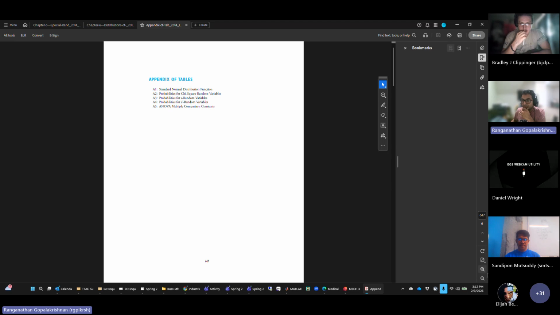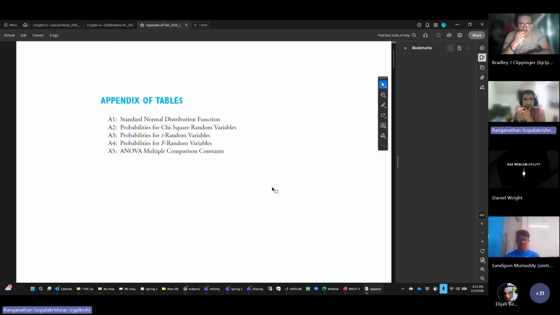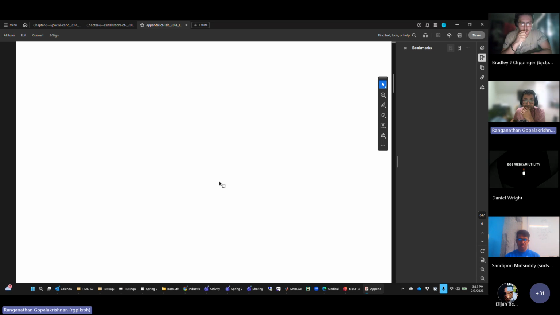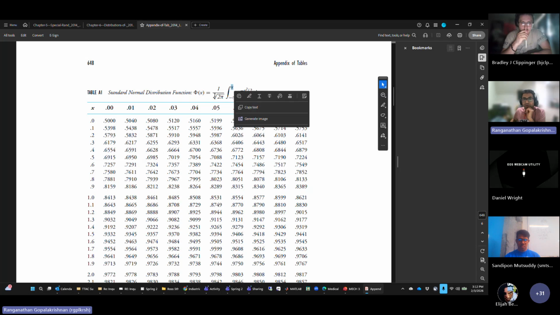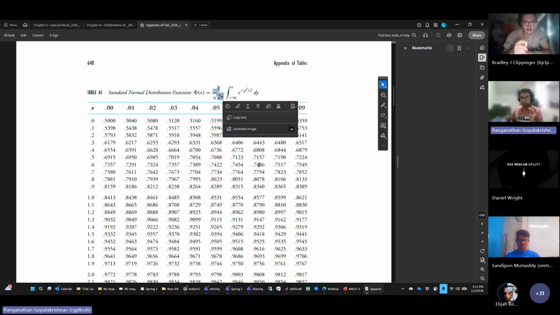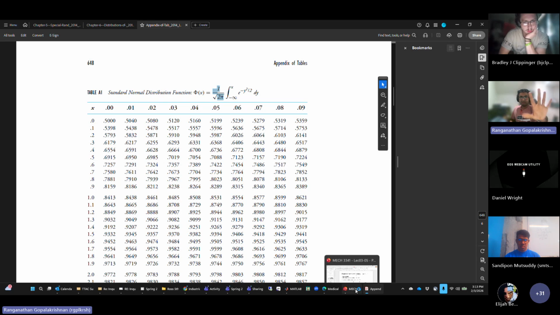If you see the Canvas, you can find it. Let's see Appendix A1. This is part of that Ross textbook. So here is this function where you have the integral from -infinity to x of e to the power minus y squared by 2 dy times 1 over square root of 2 pi. So they have already done this integral.